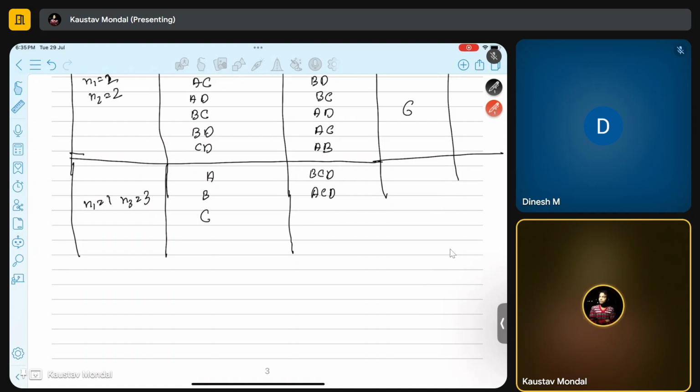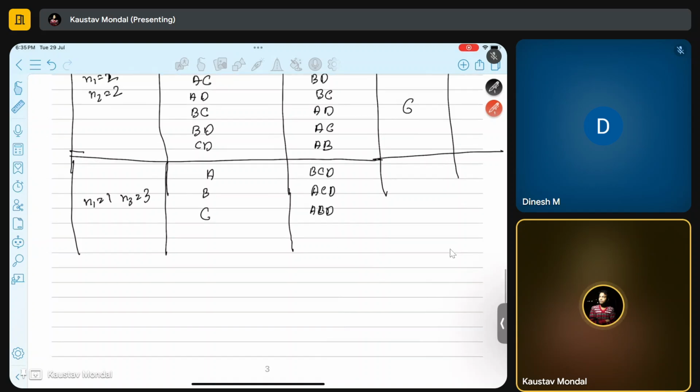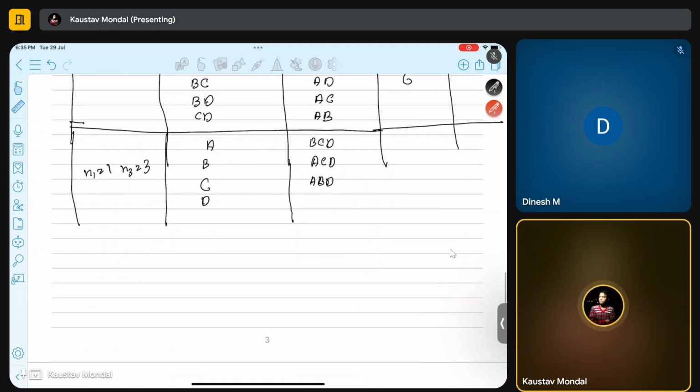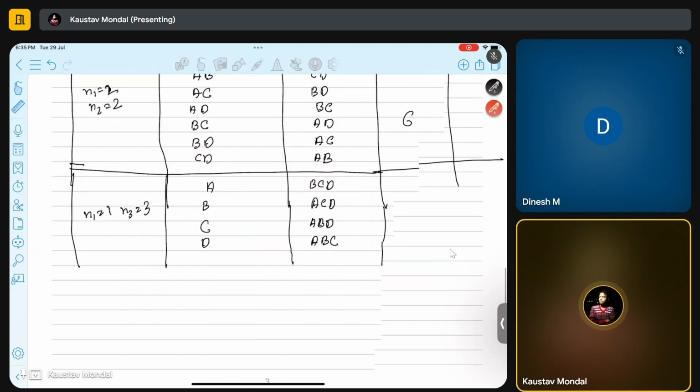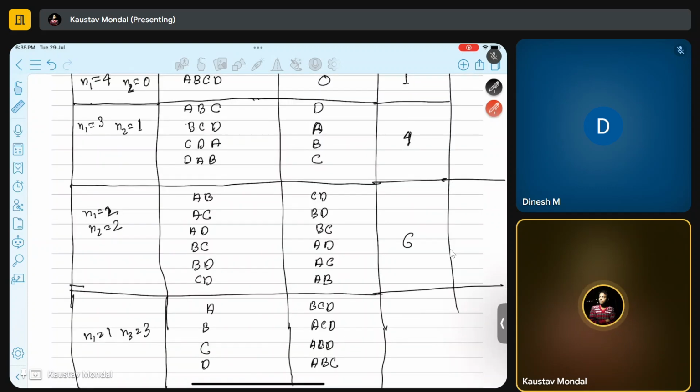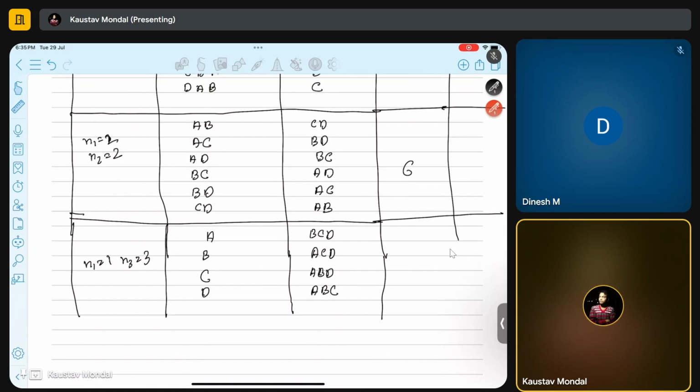If C is having the head, A, B, D would have the tail. If D is having the head, then A, B, C would have the tail, right? So these are the 4 different combinations. This is similar to the second macro state, where the number of heads is 3 and the number of tails is 1. Here it is opposite, the number of heads is 1 and the number of tails is 3. So here also, 1, 2, 3, 4, 4 possible combinations are there.